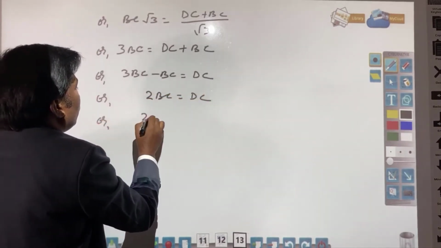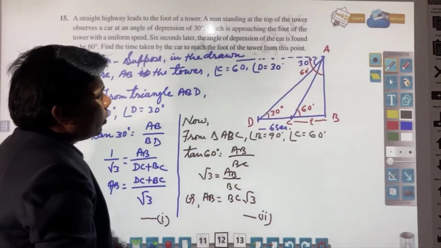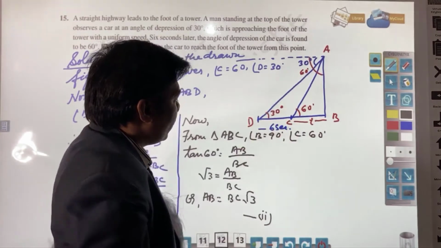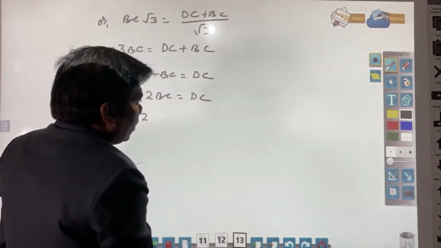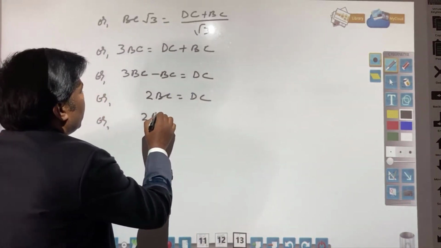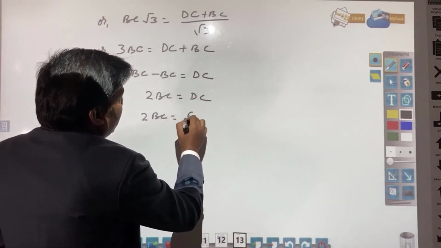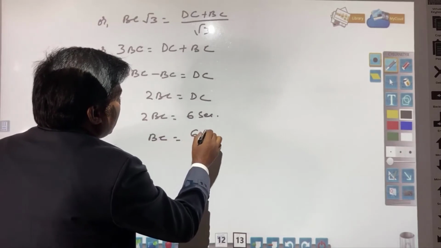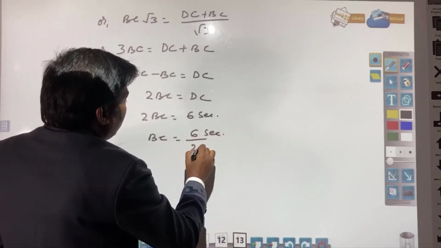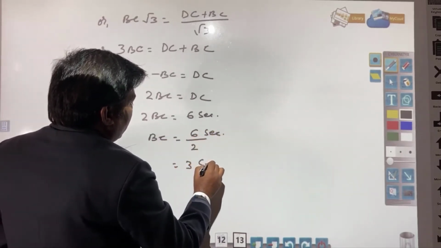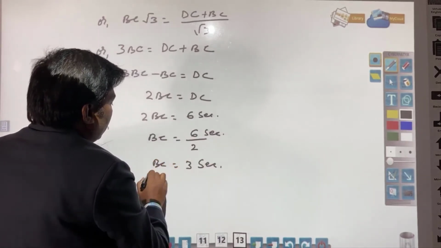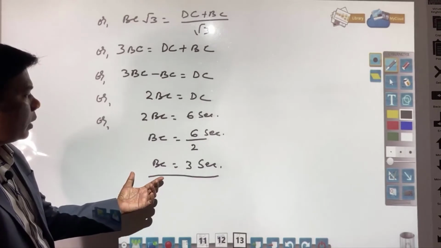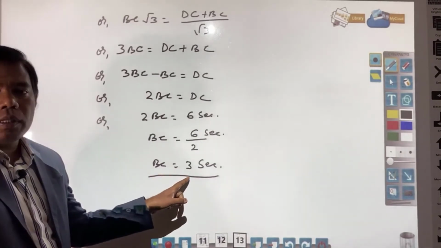Here you see what we had to find out. We had to find out BC. DC has been given 6 seconds. So 2BC is equal to 6 seconds. So BC will take how much time? 6 seconds divided by 2, and that is equal to 3 seconds. So BC will take this distance, that will be 3 seconds.